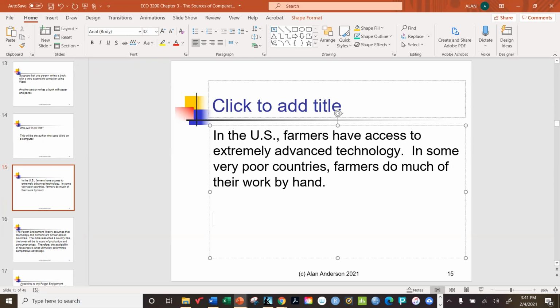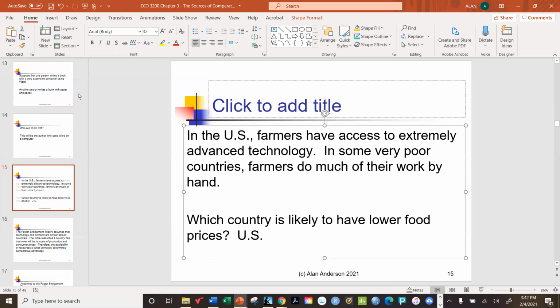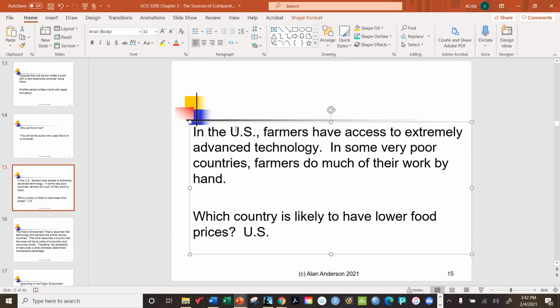Okay, so which country is likely to have lower food prices? Well, obviously that would be the US, because they have the technology which makes it possible to produce at a lower cost than in poor countries where a lot of the farming is still done the way it was 100 years ago. A lot of it is done with manual labor. So therefore, this is one area where having resources is going to give us a huge advantage.